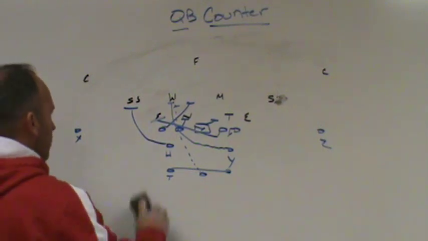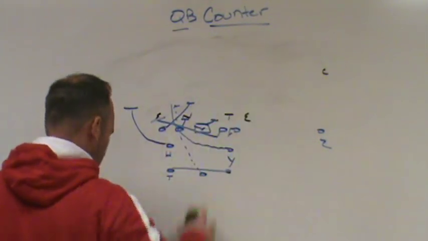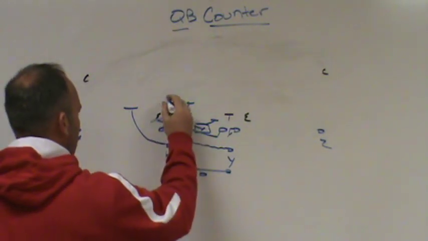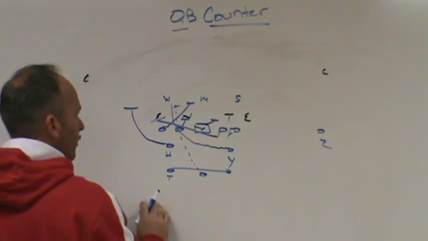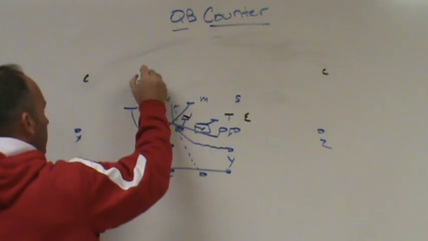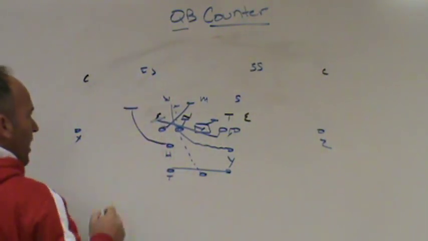All right, again, I think you could possibly see 7-man boxes with quarters coverage to where you could actually get real thick, Will, Mike, Sam with a free safety, strong safety playing quarters, getting ready to hammer down on the run.